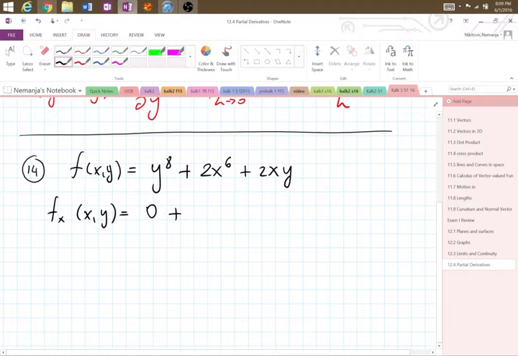Plus the derivative of 2x to the 6 is? Very good. And then plus 2y. Y is held constant, and we just get to copy that. Derivative of x is 1.